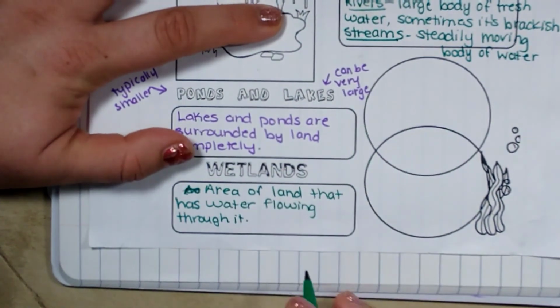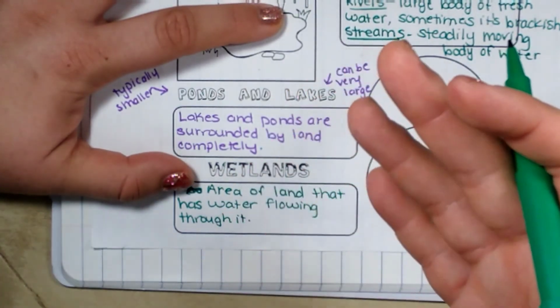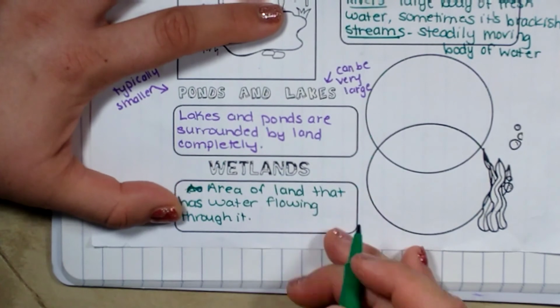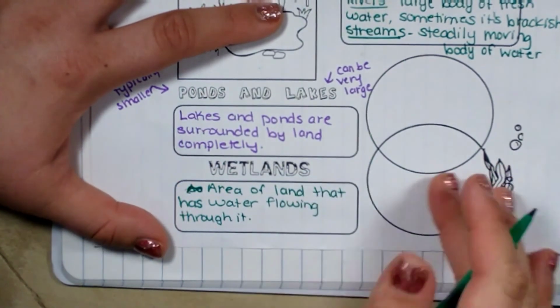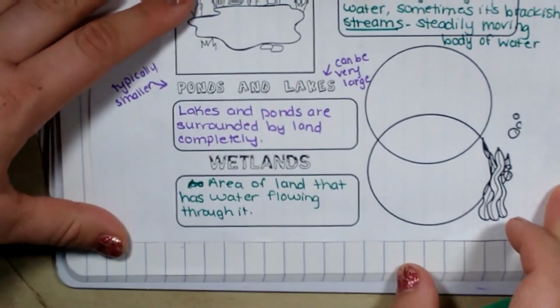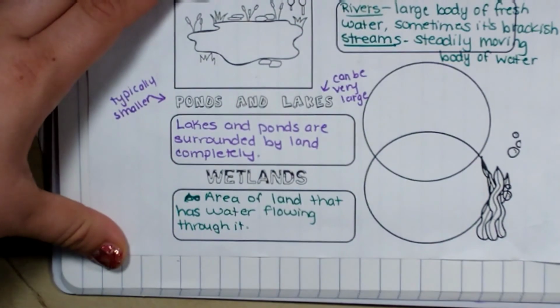So an area of land that has water flowing through it. So it could look like a forest and it has a lot of water going through it. So it is always wet. It has a lot of places for animals to hide and things like that. So we're not going to worry about this part, but I am going to color this and come on back.